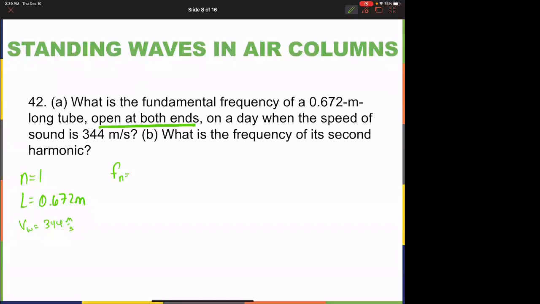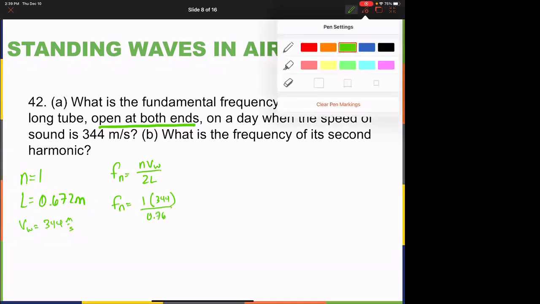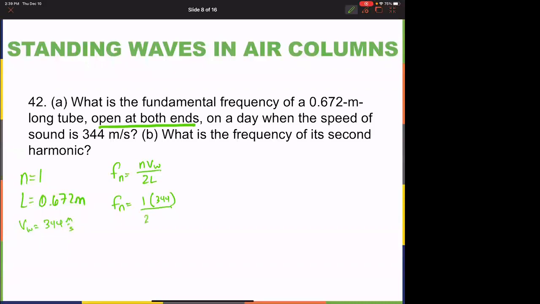So Fn equals nv over 2L. 1 times 344 over 2 times 0.672, which is 256 hertz.